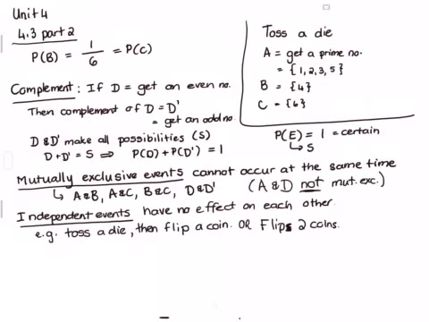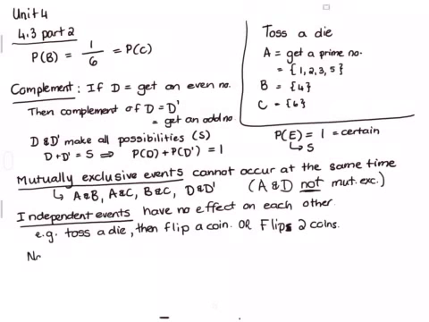So if I got a 2, it did come from both A and D. But it was still just when I did one action, could I get a result coming from 2 of my events that I have decided on. Whereas independent events are, if I do something and then I do another thing, the next one doesn't depend on what happened the first time.